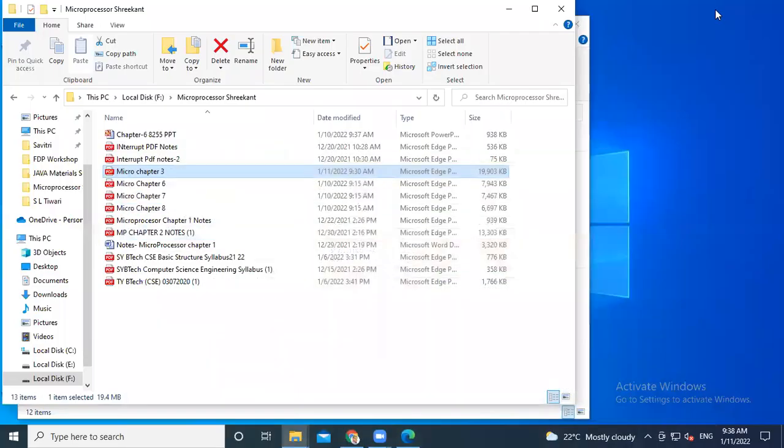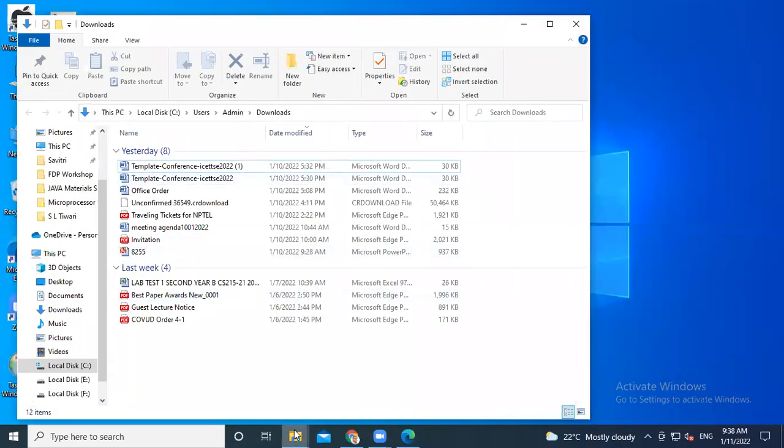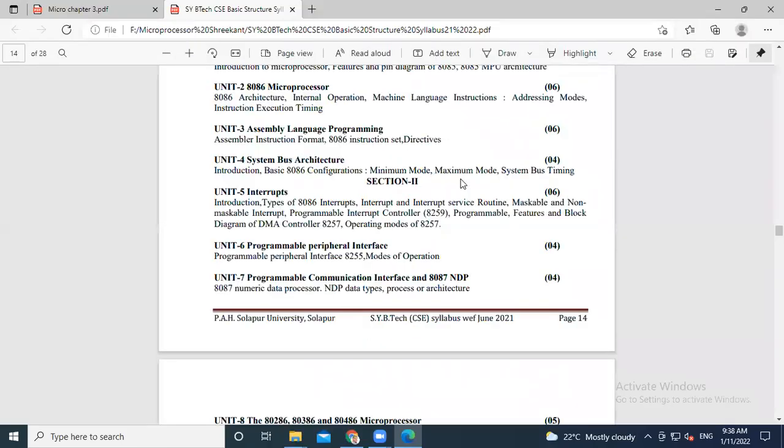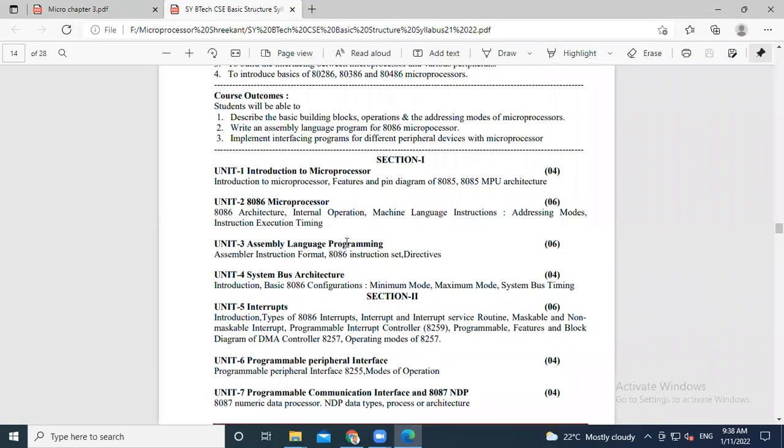Here, as per the syllabus, these 2 units I covered in previous days, and today I am starting unit number 3, assembly language programming. This is a 6 hour unit. Only in this unit are we going to study all the instructions.